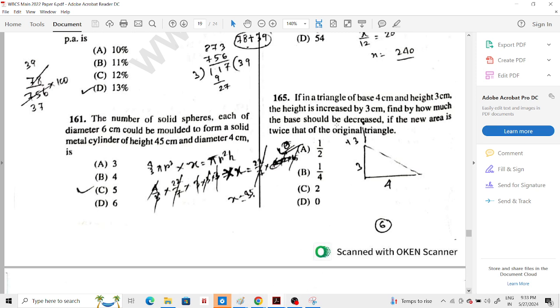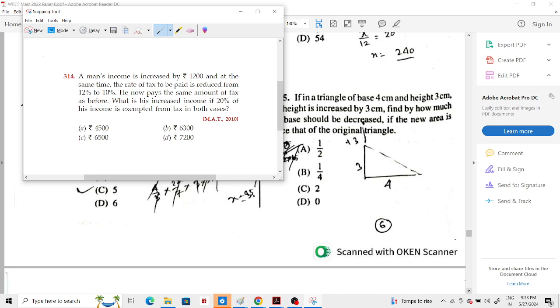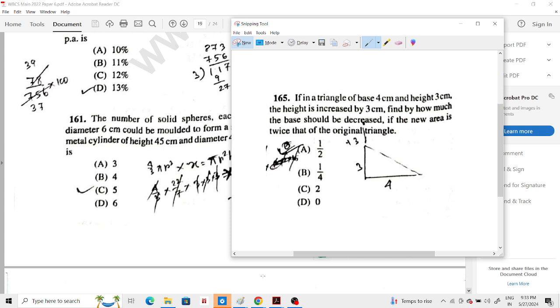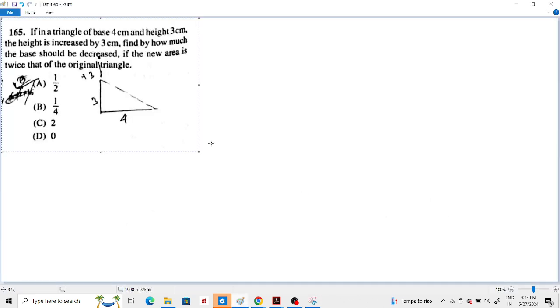Okay. So if in a triangle base is 4, the original area is half into base into height, so that is 6. The height is increased by 3 centimeter, so what is the new area?